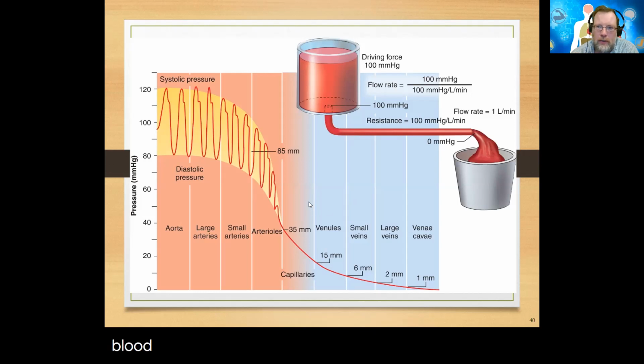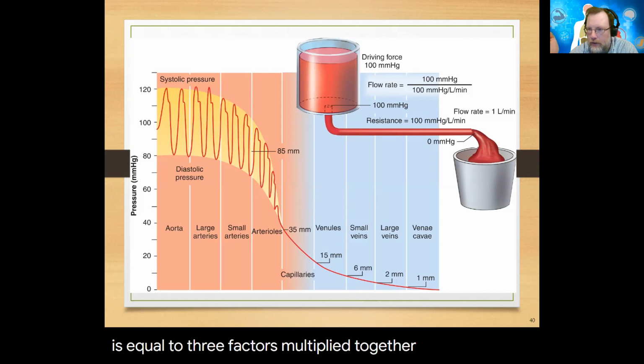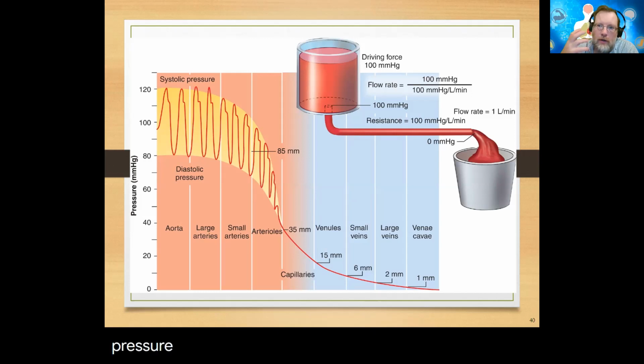Blood pressure is something that your body tries to keep constant. Basically, we're dealing with 4 things here. Blood pressure is number 1, and blood pressure is equal to 3 factors multiplied together. Okay, blood pressure, or that change in blood pressure, is equal to stroke volume, heart rate, and resistance.